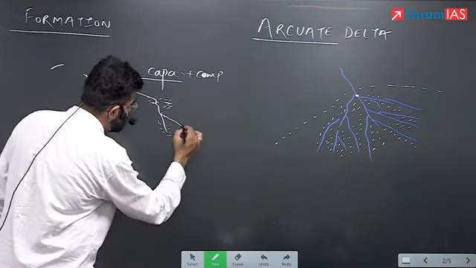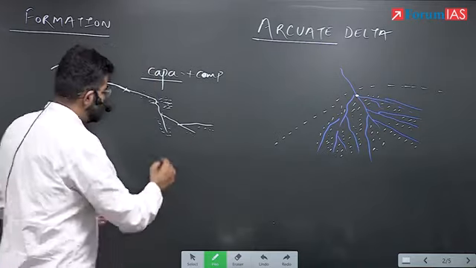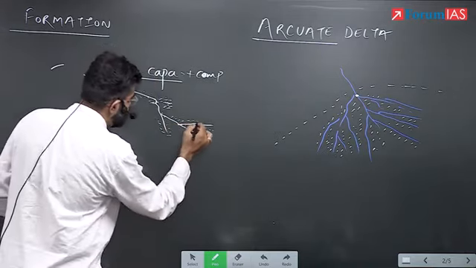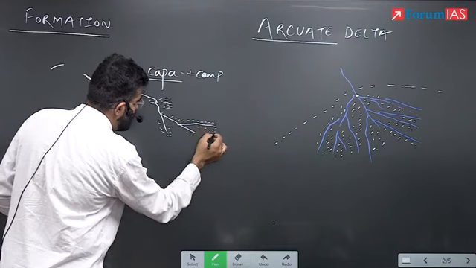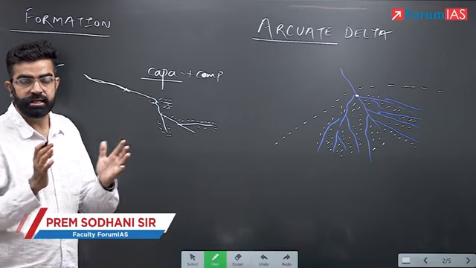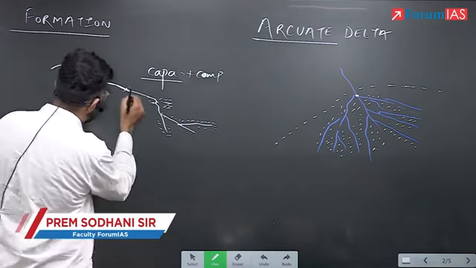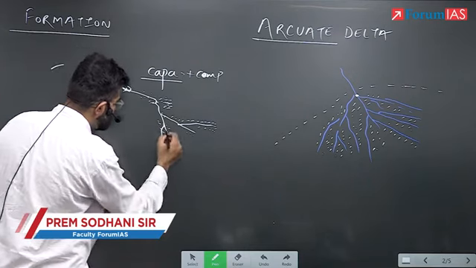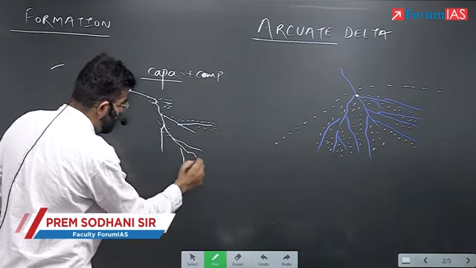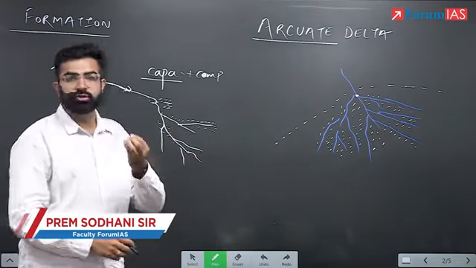This can be blocked, this can be blocked, and in this repeated process, every time it is the load of sediments which is blocking the path of the river, and therefore the river will be distributed into many distributaries, right? This was the main river, and it is now going to be distributed into several branches, because of repeated clogging by its own sediments.